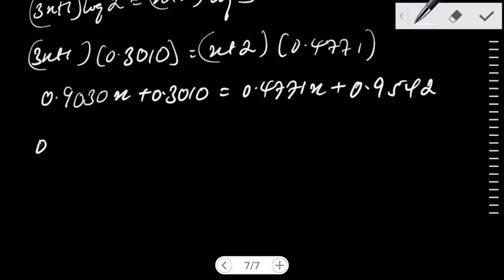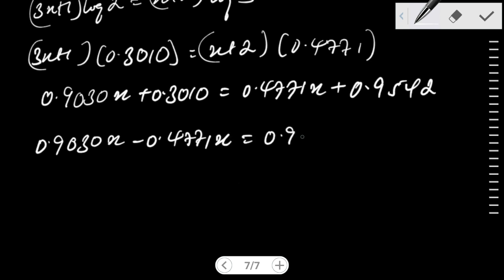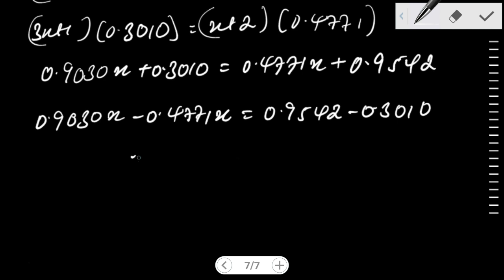And therefore, the next thing here, I'm going to collect like terms. So 0.9030x minus 0.4771x would be equals to 0.9542 minus 0.3010, and therefore I'm going to have 0.4259 x, which would be equals to 0.6532.